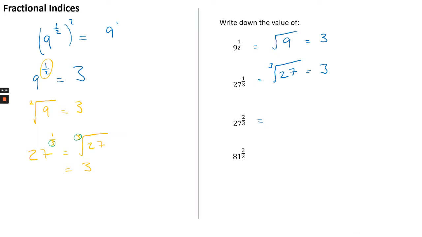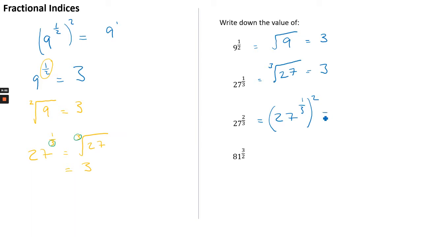Now, a slightly more complicated one where we've got a fraction involved, where the number on the top is not a single number. Is not 1. When we have one like this, we can write this example as 27 to the power of a third squared. Okay, we don't have to write this step.